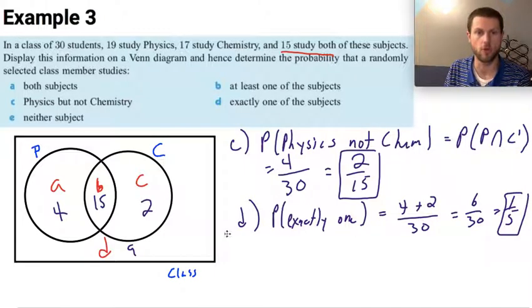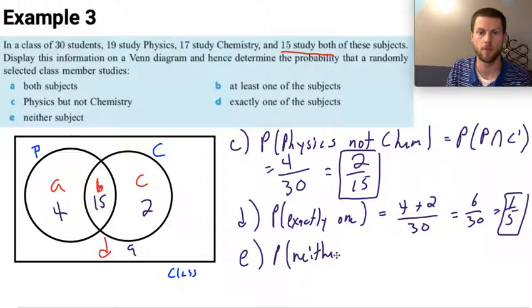And then 2 more here. So, or no, last one actually. So E, the probability that they study neither subject. And the probability that you study neither subject is just going to be the students that exist outside of the events of taking physics and chemistry.